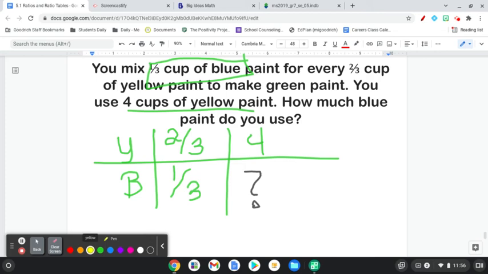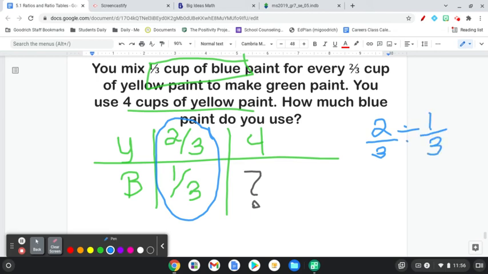Well, again, I need to look at that ratio table here and find the value. So 2/3 of yellow divided by our 1/3 blue paint is really 2/3 times 3/1, which simplifies down to 2.